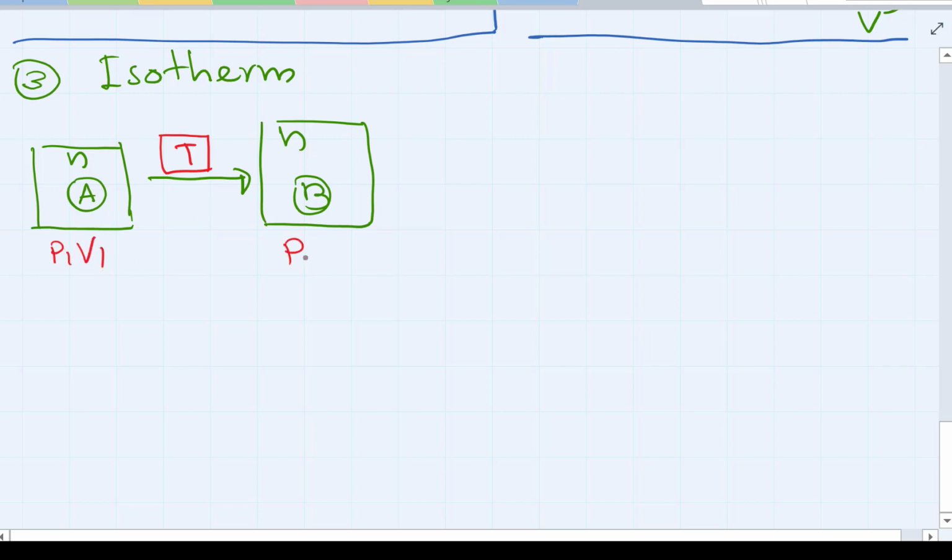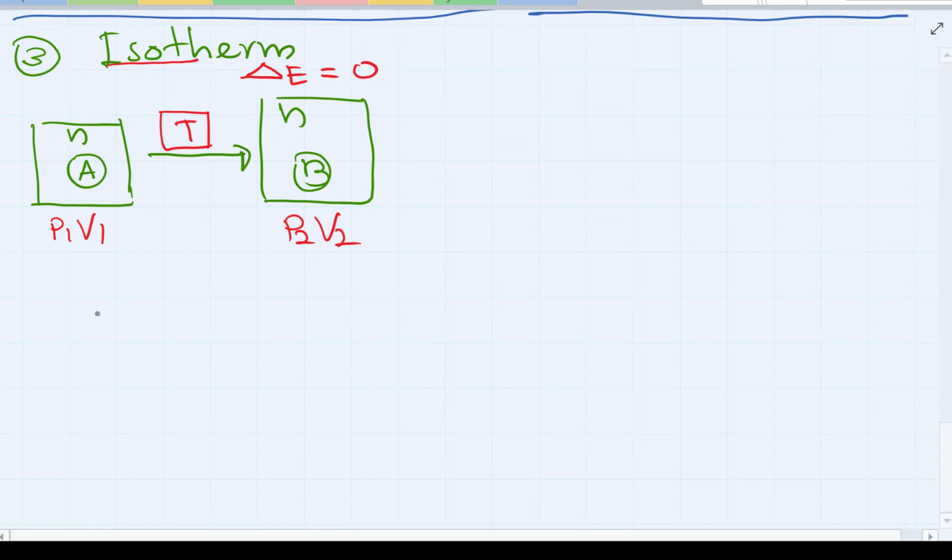P1 V1 goes to P2 V2. Now this is the magic part: delta E is 0. Internal energy does not change. The change does not have a value, but there is internal energy. The delta E is 0.